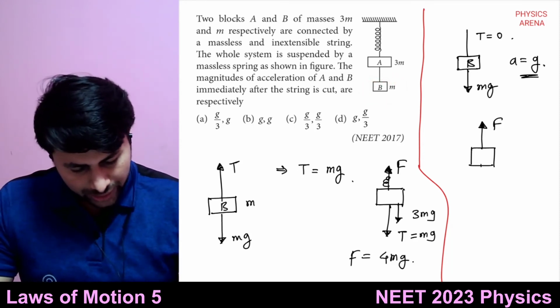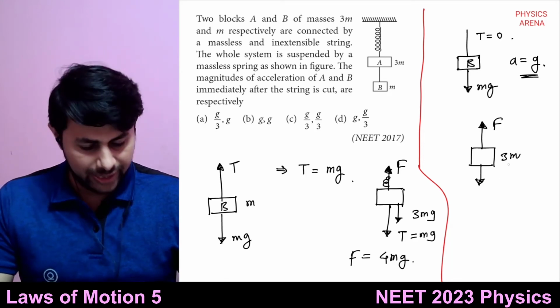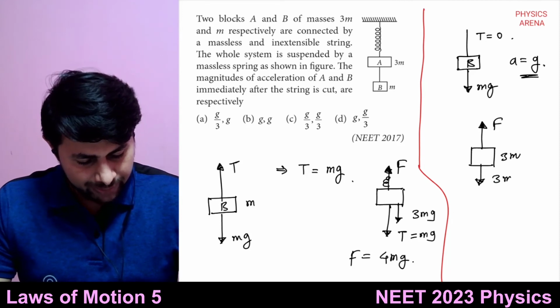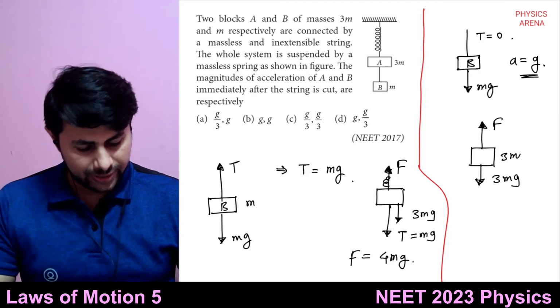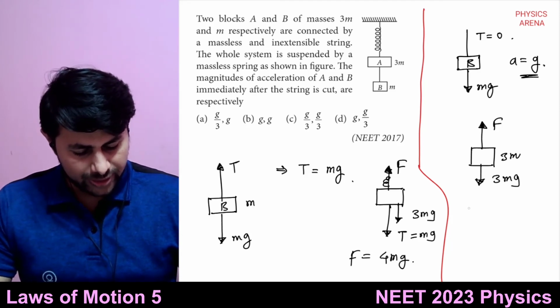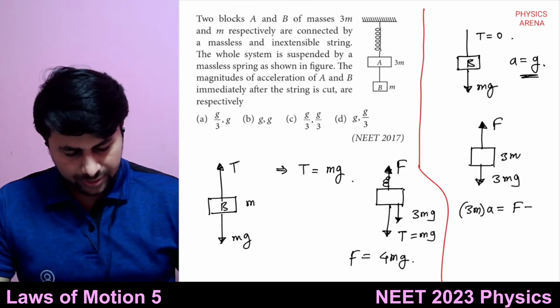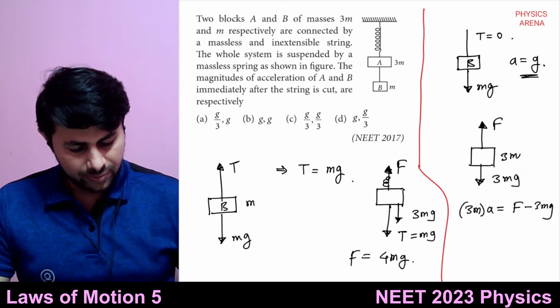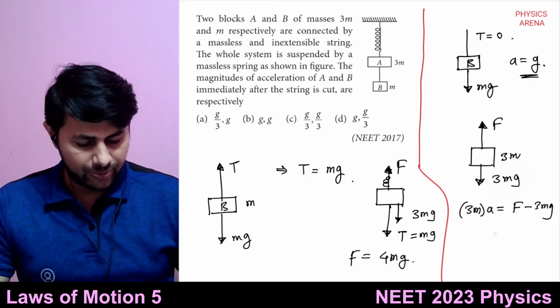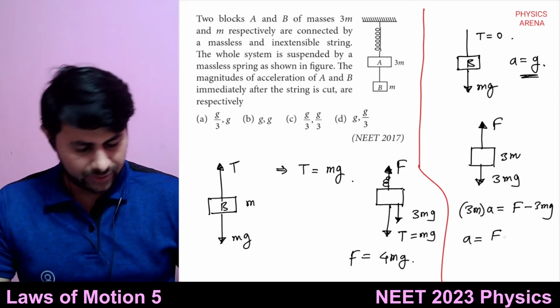You have only this mass, so its weight will only act downward, which is 3mg. So how much is the net force? The net force is upwards. It is this mass 3m multiplied by acceleration, and it is F minus its weight, which is 3mg.